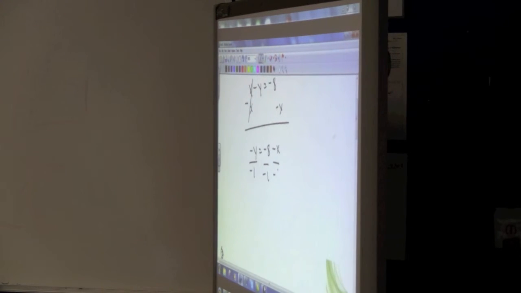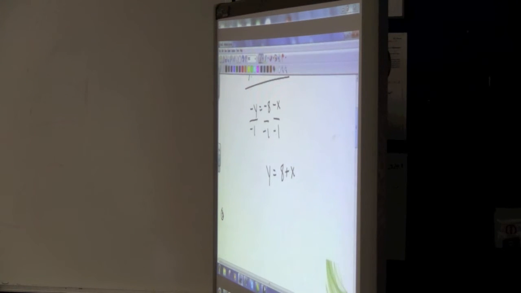So negative y divided by -1 equals y. Negative 8 divided by -1 is 8, and negative x divided by -1 is x.